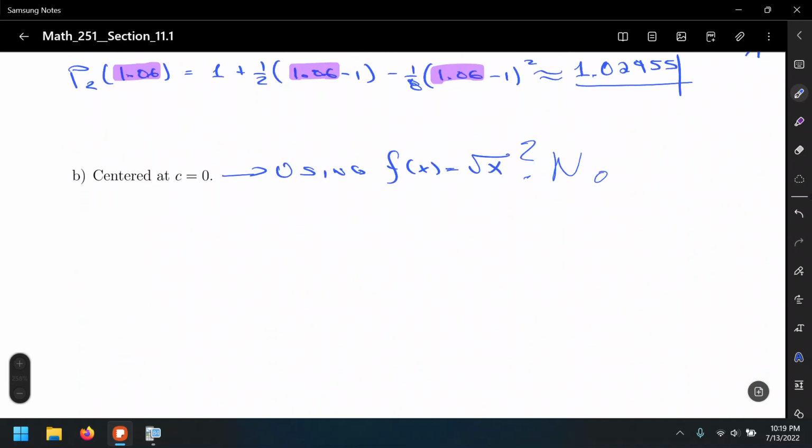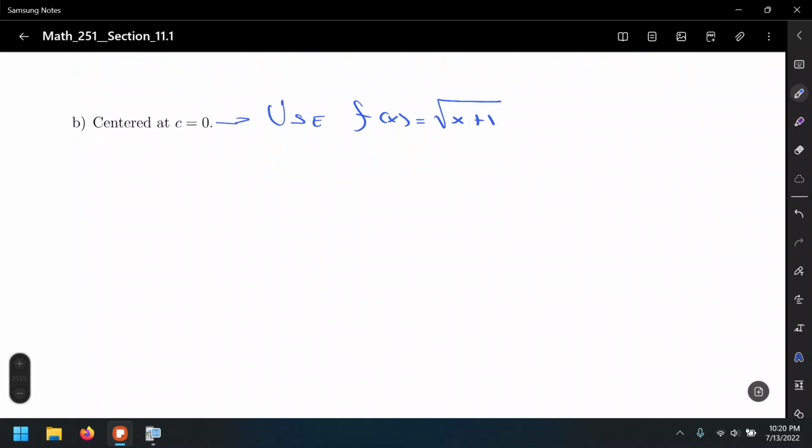We're going to use a different function, a shifted function. Use f of x equals the square root of x plus 1. This way, when we take derivatives, it won't have any issues in terms of undefined values.